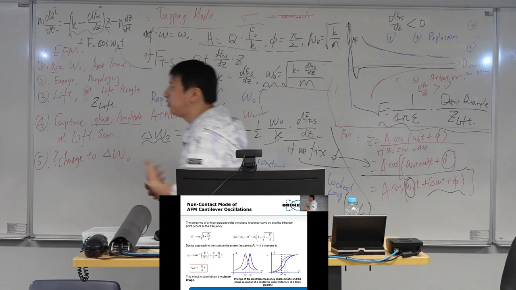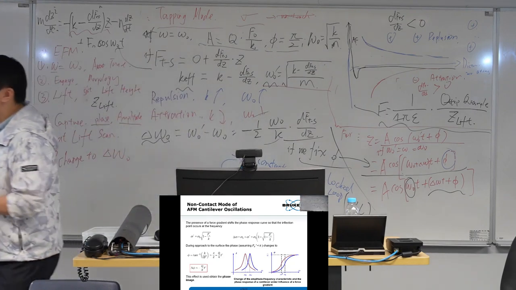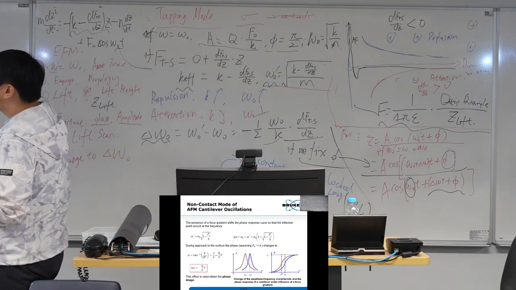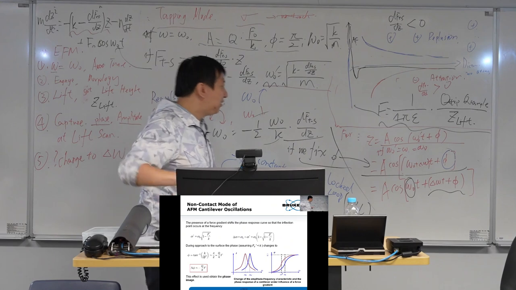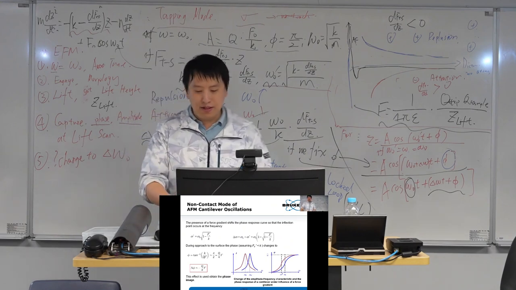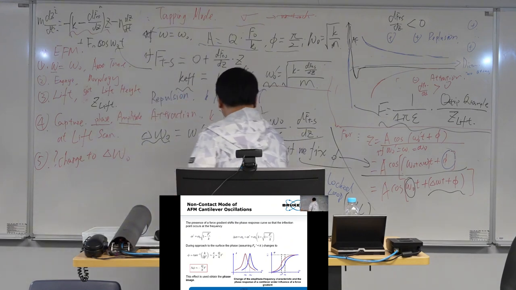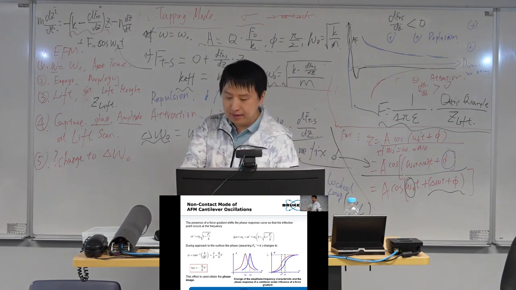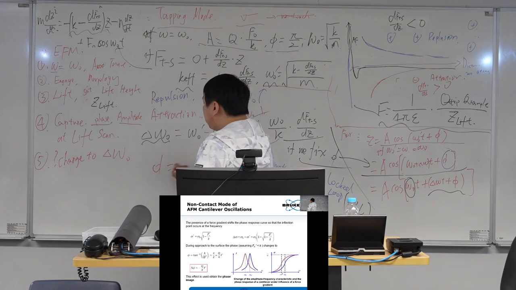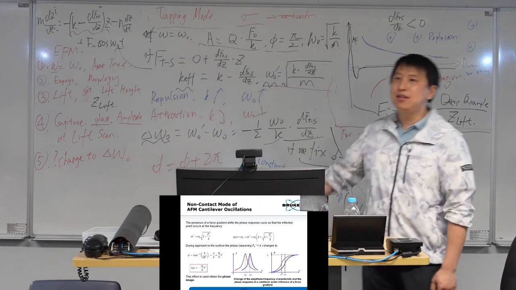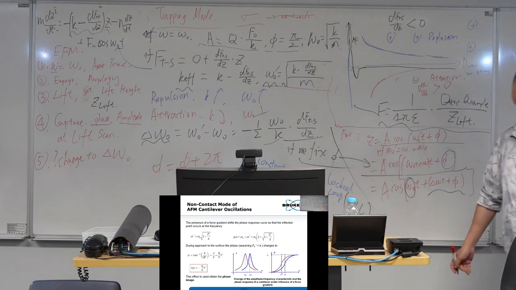But I still have to say, in the classic study, the researchers prefer the frequency. Why? Because phase is periodic, meaning phi equals phi plus 2 pi, right? The phase is a periodic function.